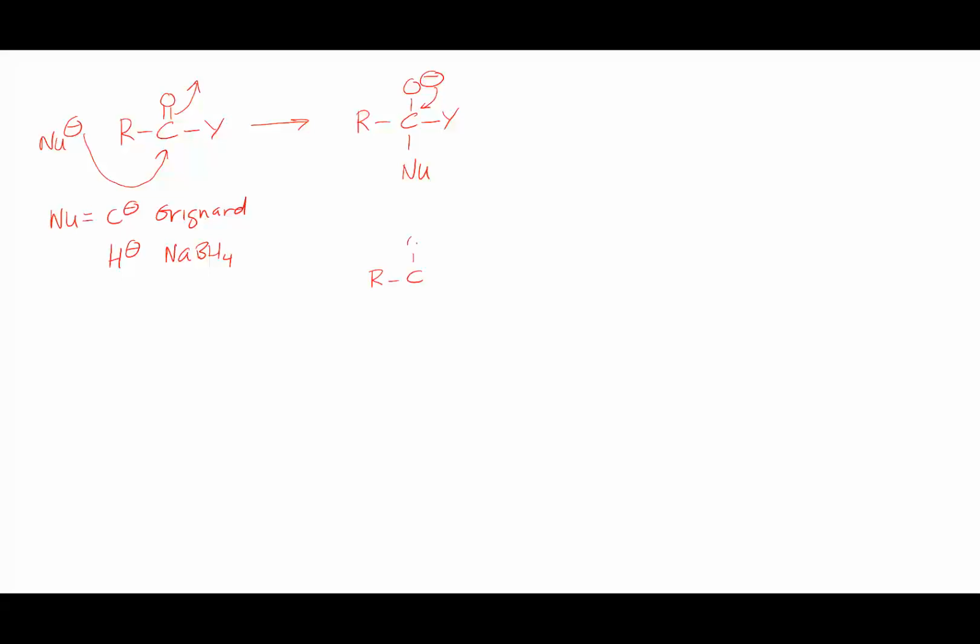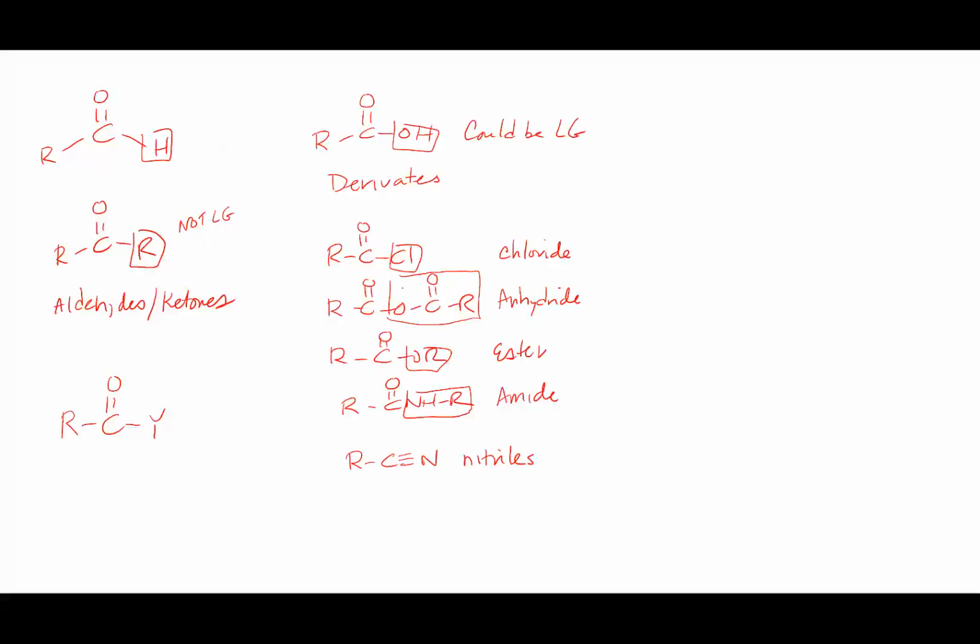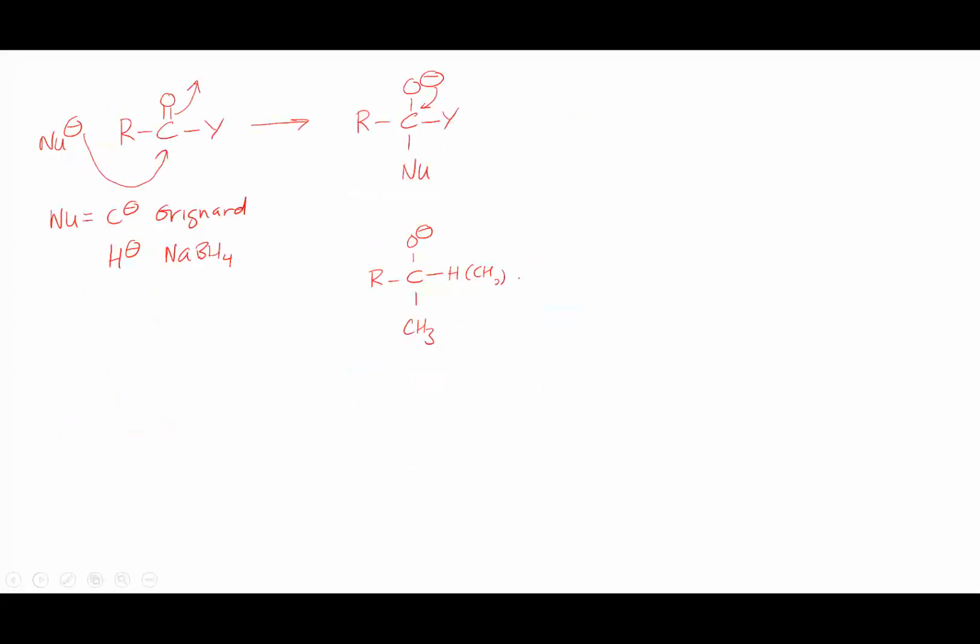So think about if I had an aldehyde or a ketone, and I added to it something like CH3 minus. What happens in this case? If I had originally an aldehyde or ketone and I added a Grignard to that, I would get a molecule that looks like this.